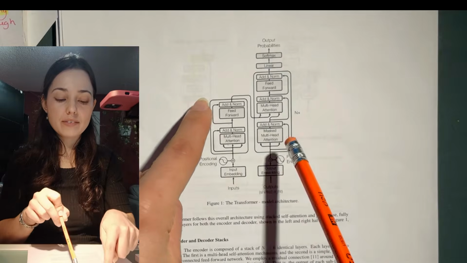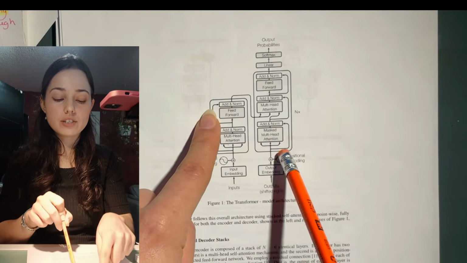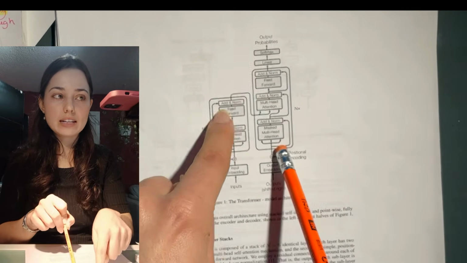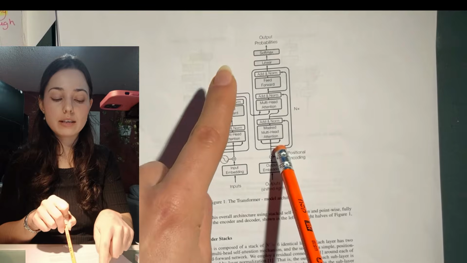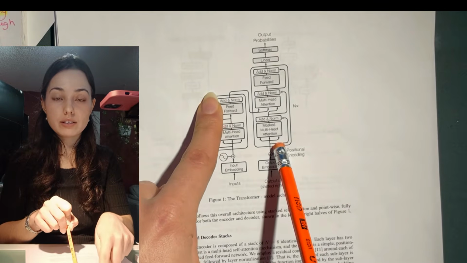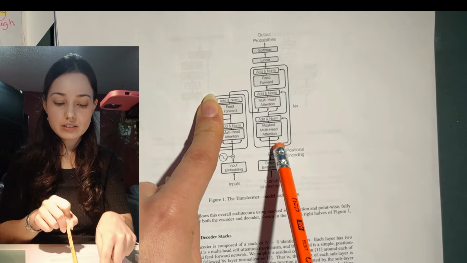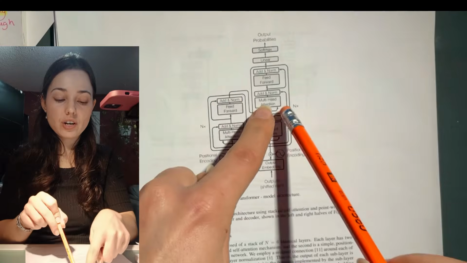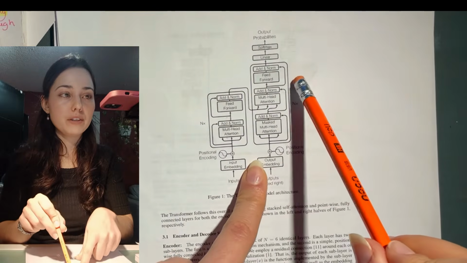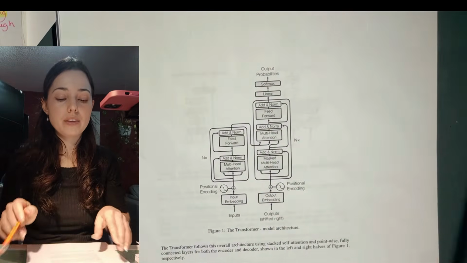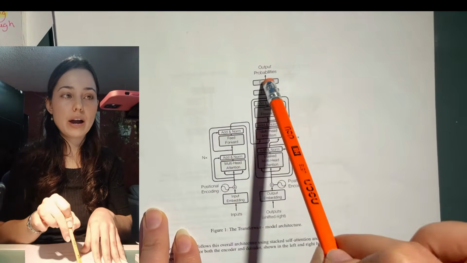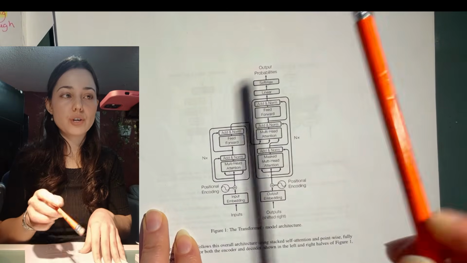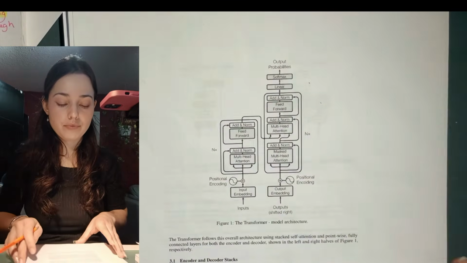So now we have attention across the target language and the output, the input, which is the text we're trying to translate. And we do attention across them, and then we have another feed-forward network. And finally, we have our output, which includes the new token we are trying to predict.